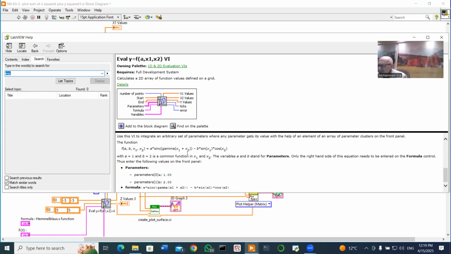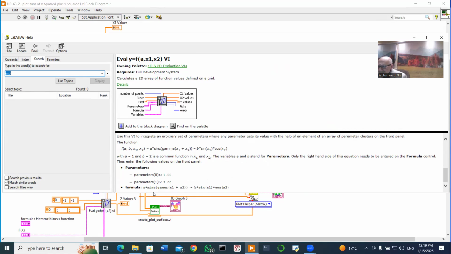With A equal to 1 and B equal to 2, in a common function of x1 and x2, the variables A and B stand for parameters.